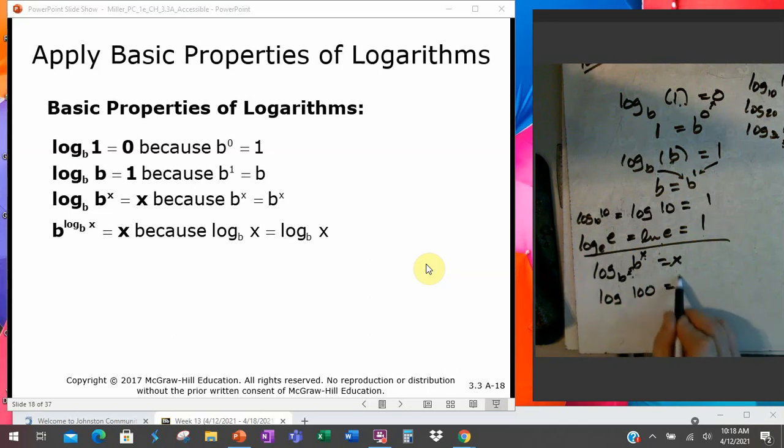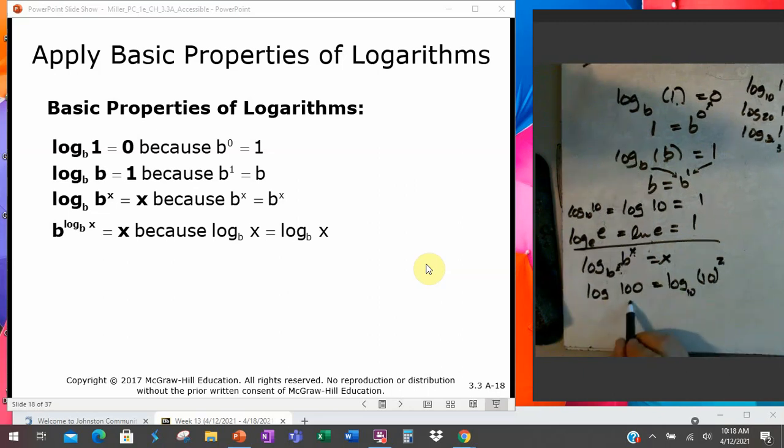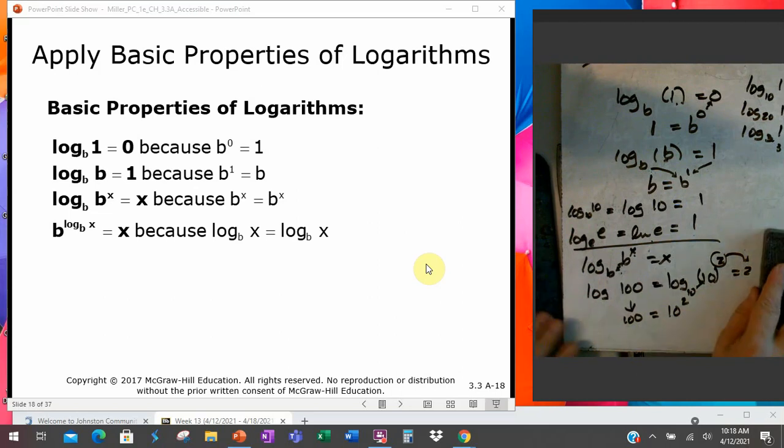Working backwards, the base is understood to be 10. If I can represent 100 as a power of 10, well, that's just 10 squared. That's exactly what we're doing. I want to represent 100 as some power of 10. What is it? That's the 2. So as long as these are equal, it is just the exponent that I'm looking for. I've already done the work. I just need to recognize it.